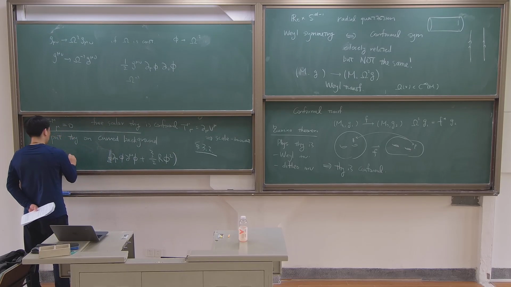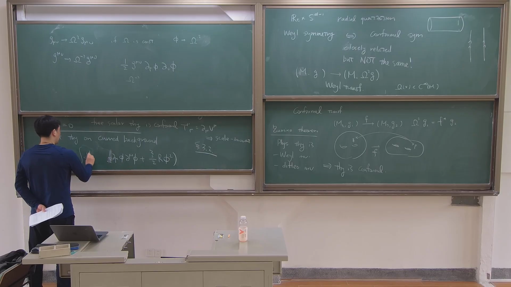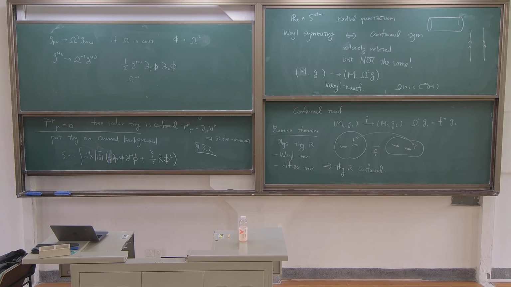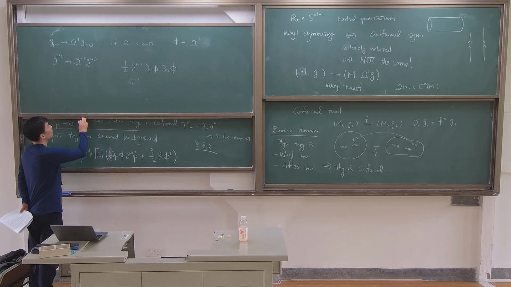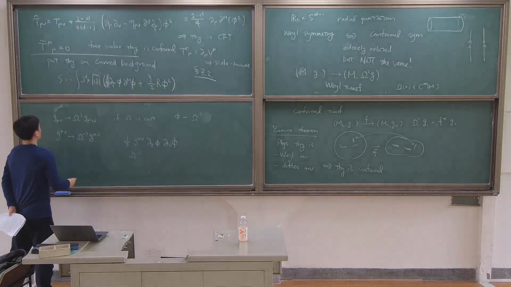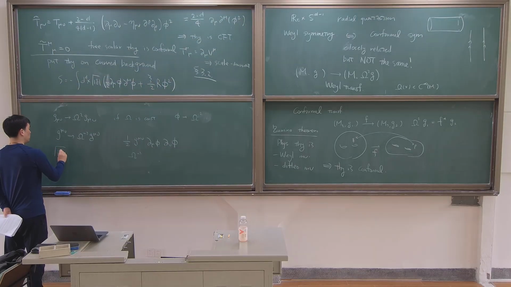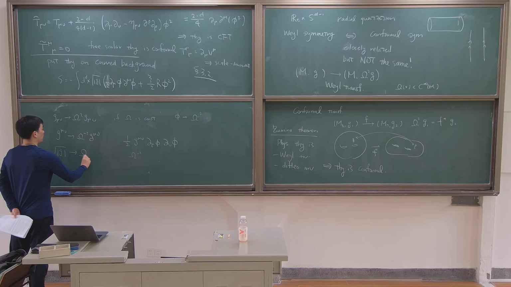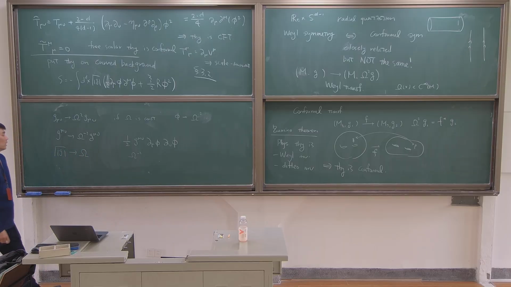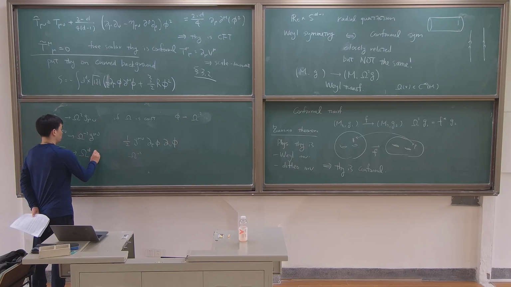So S is equal to minus the integral d^d x square root of G, and you need to include this one, square root of G. Then square root of G transforms as omega to the d times the square root of G mu nu.